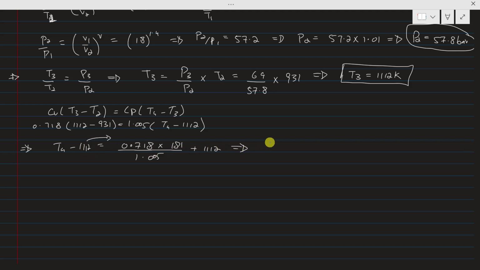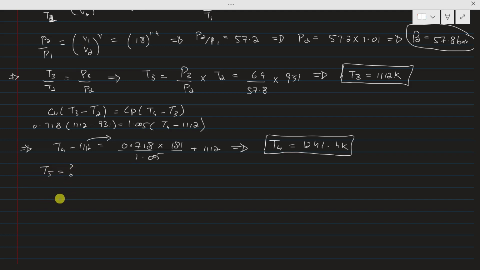So after simplification you will get the T4 value, that is 1241.4 Kelvin. So all the temperatures are now determined, the only value that is left is T5.